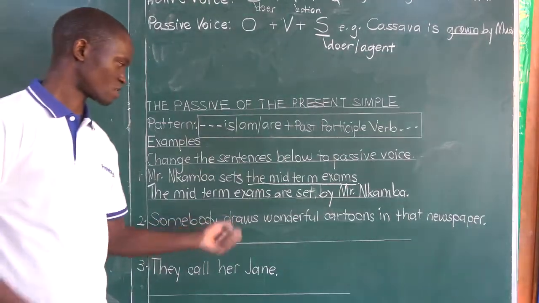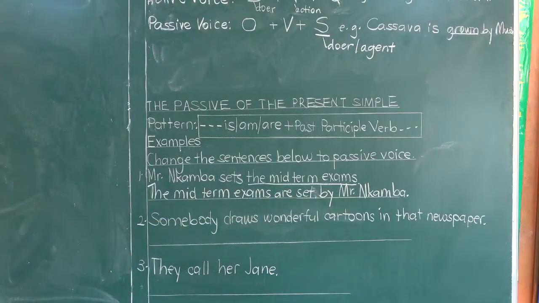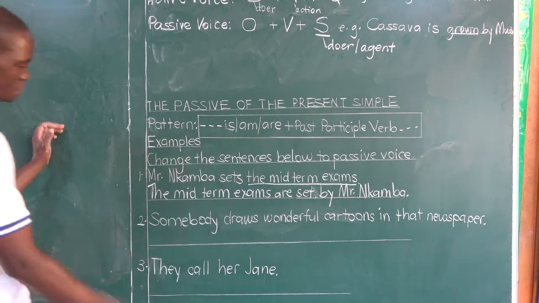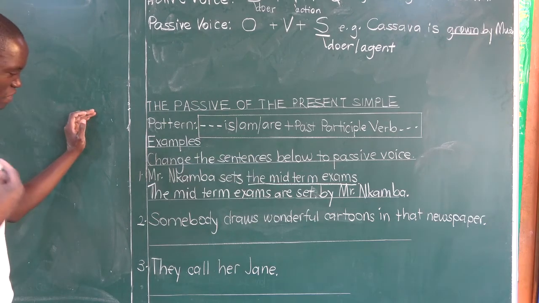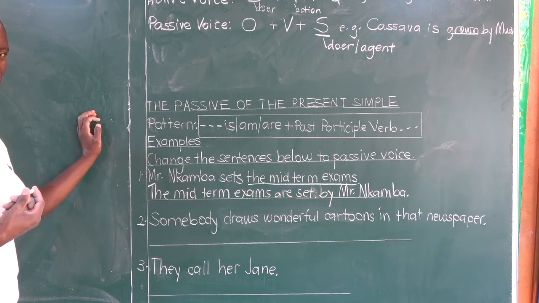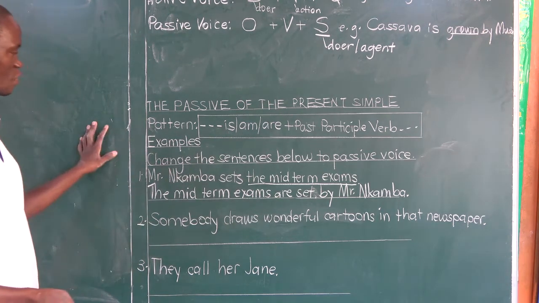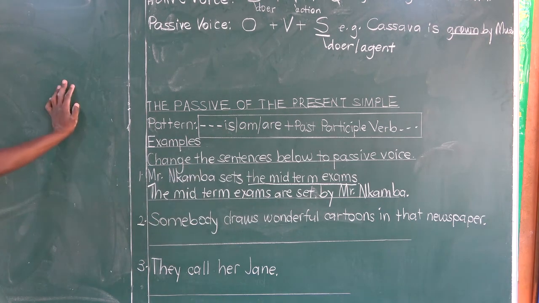Somebody draws wonderful cartoons in that newspaper. Today we see somebody as our doer, but do we know the exact person they are talking about? The answer is obviously no. You can't guess who somebody refers to. If I say somebody took away my duster, then I'm not very sure who exactly.